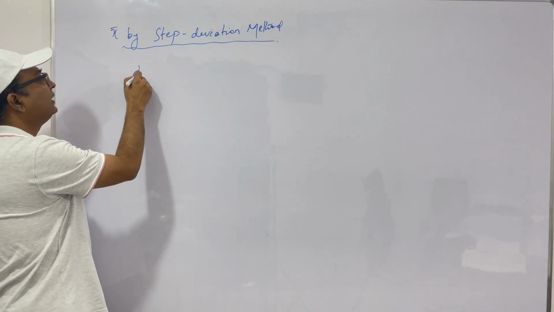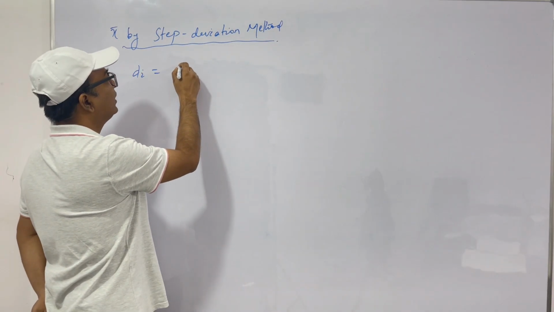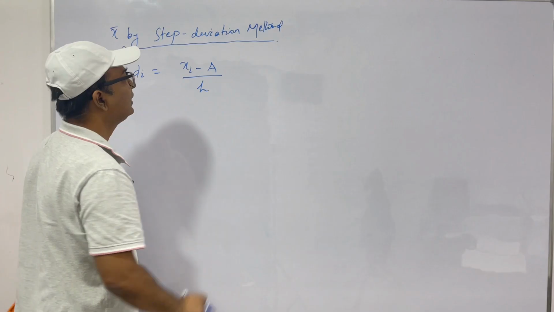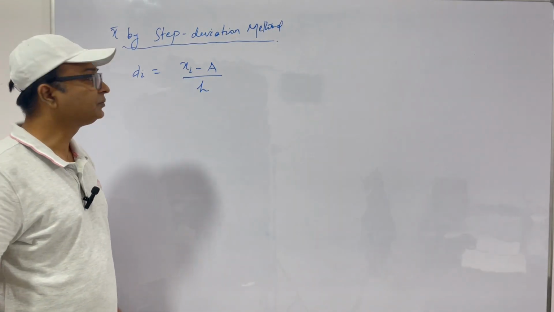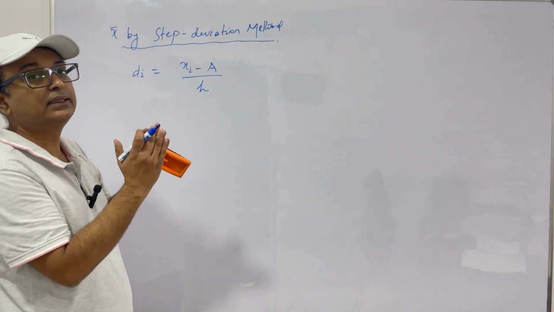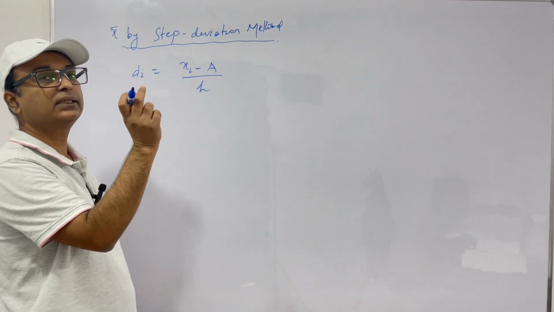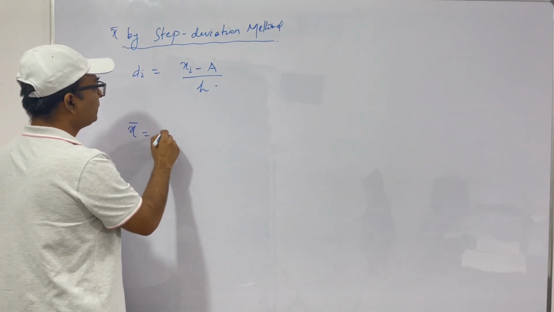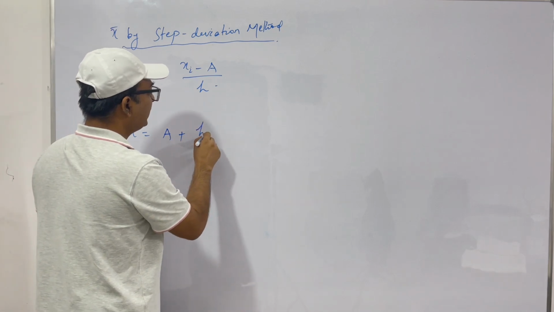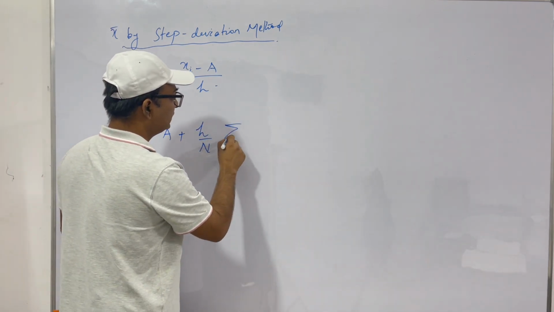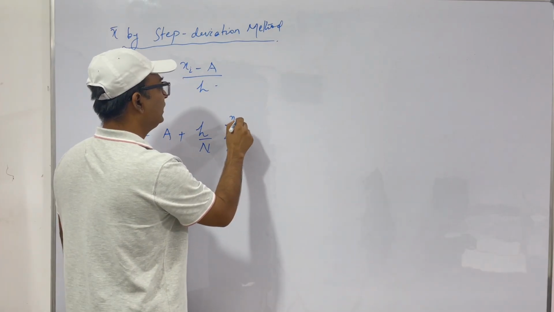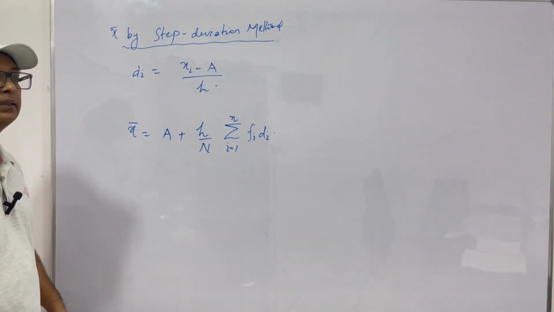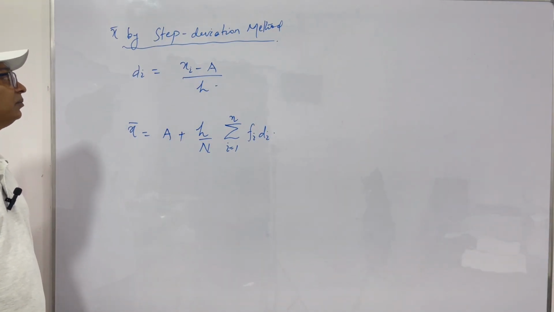In the shortcut method our di was xi minus a; here we take it as xi minus a by h. What is h? H is the class interval. For 50 to 60, 60 to 70, the class interval is 10. Now our arithmetic mean becomes a plus h by n, times the summation i equal to 1 to n fi di. So this is the calculation of arithmetic mean by step deviation.